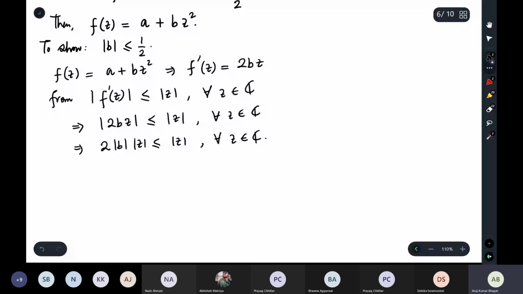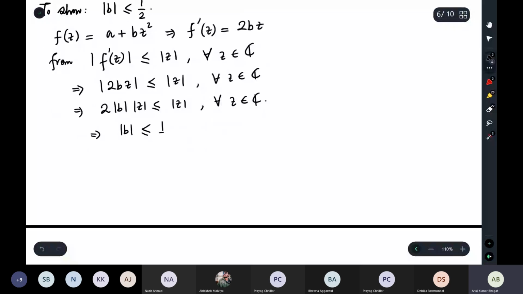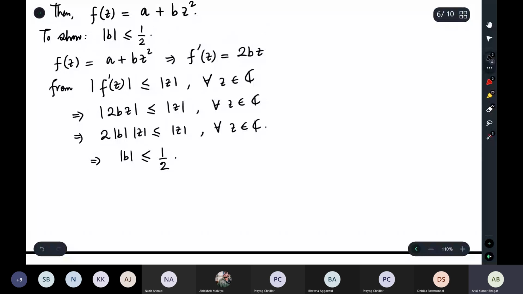So it will give you modulus of b is lesser or equals to half. Okay, thank you. So this was an easy way to attack.